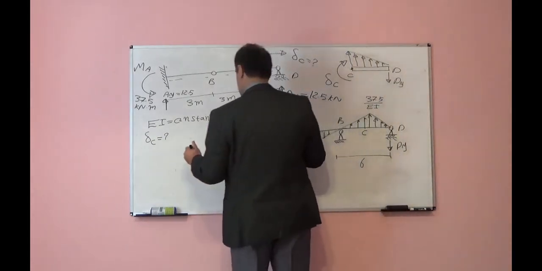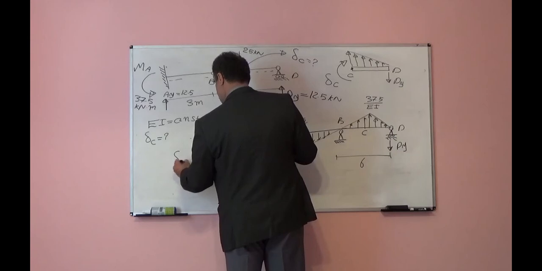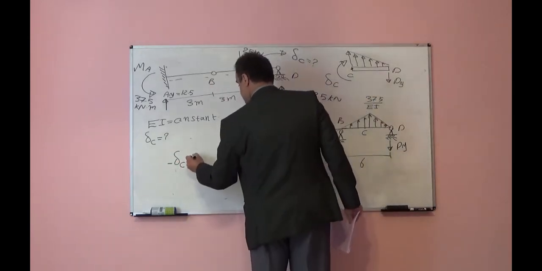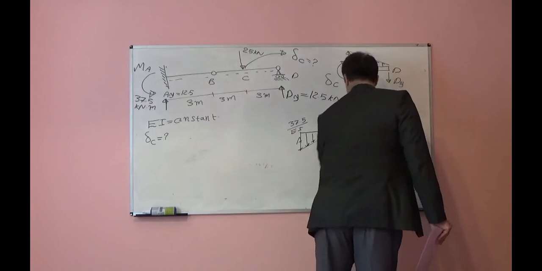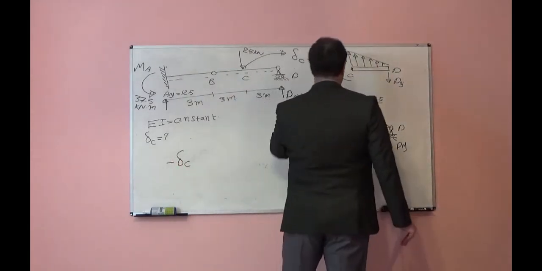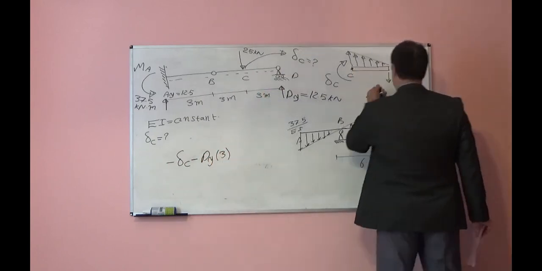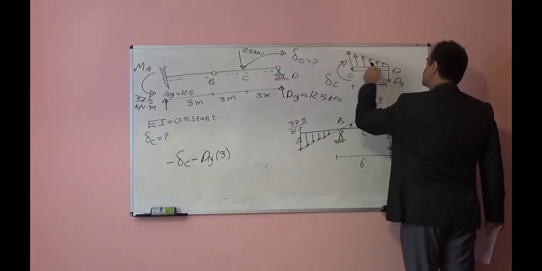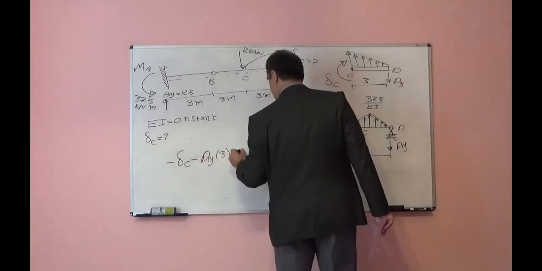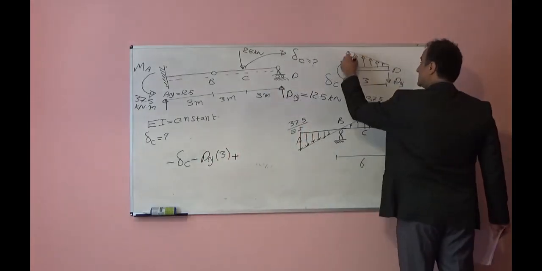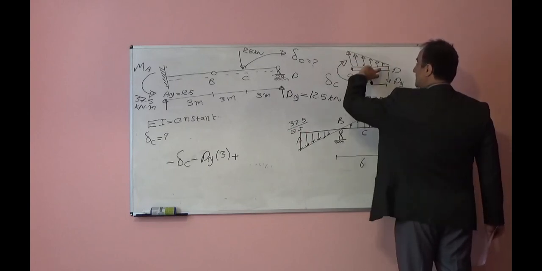So that will be, let's see, delta C negative, clockwise, minus dy times 3, a distance. Both delta C and dy times 3, both of them clockwise, negative, negative, plus the moment of this non-uniform distributed load will be counterclockwise.